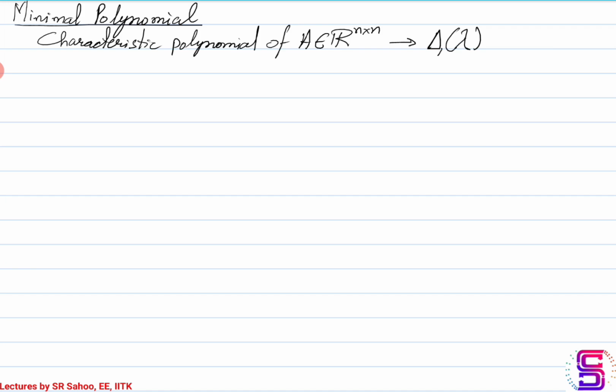Instead of this, we'll denote it possibly like this: characteristic polynomial of matrix A, where lambda is the eigenvalue of the matrix. And this is, as we said, nothing but the determinant of lambda I minus A.